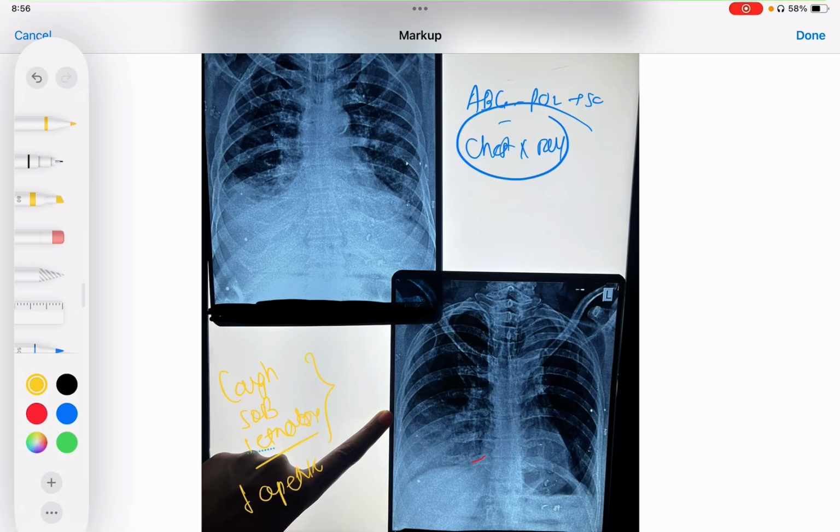Most of the time, oseltamivir is used in any patient who is suspected to have viral pneumonia, especially if the patient is more than 50 years of age, who has diabetes, hypertension, ischemic heart disease, or CKD, or cancers. If the patient is taking some immunosuppressant medicines like methotrexate or sulfasalazine or any other immunosuppressant medicine, then antiviral medicine must be started.